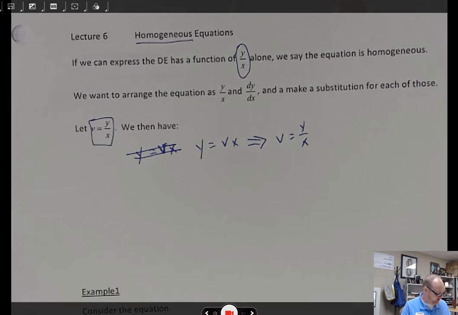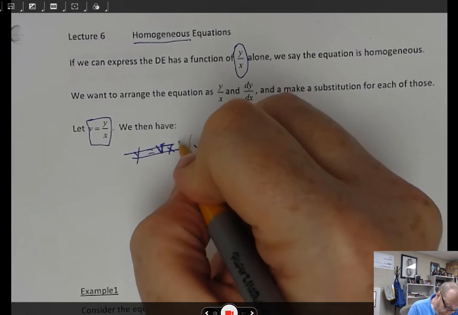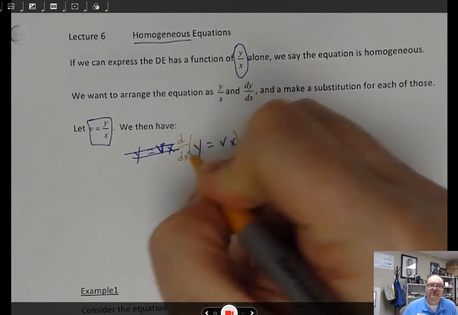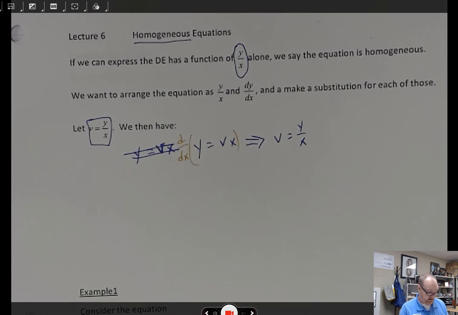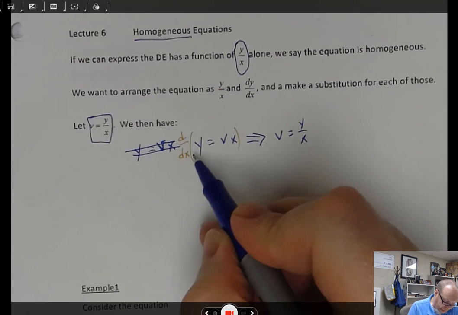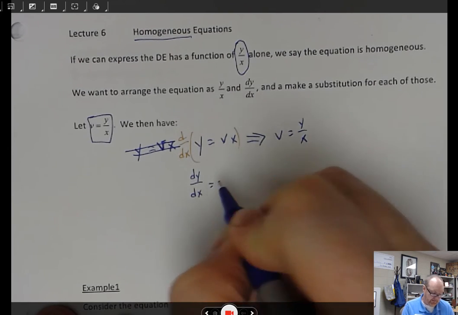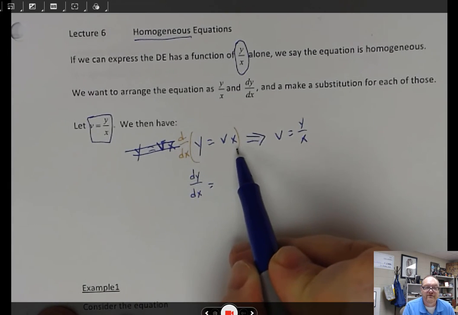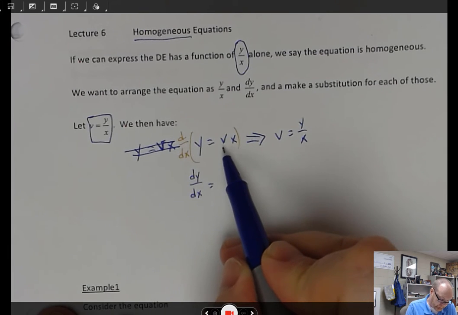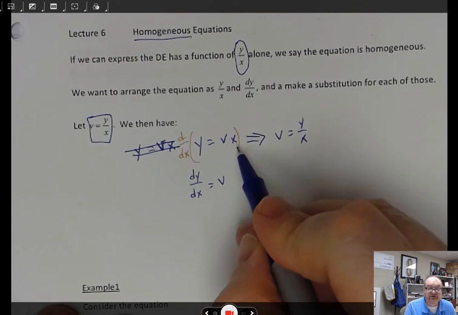But if I differentiate this portion with respect to x, the derivative of y with respect to x is dy dx. Then I've got a product rule over here. So the first times the derivative of the second.